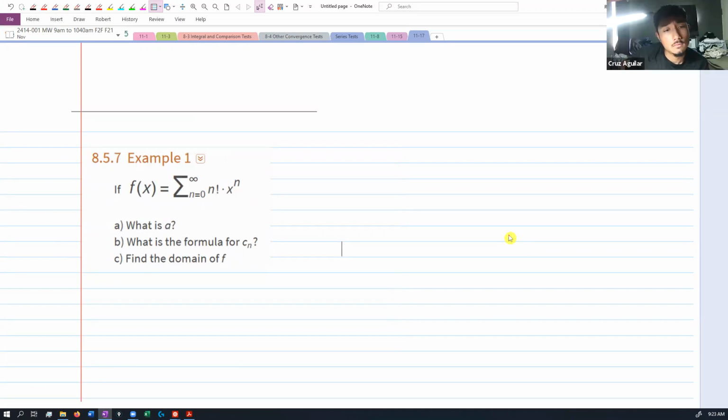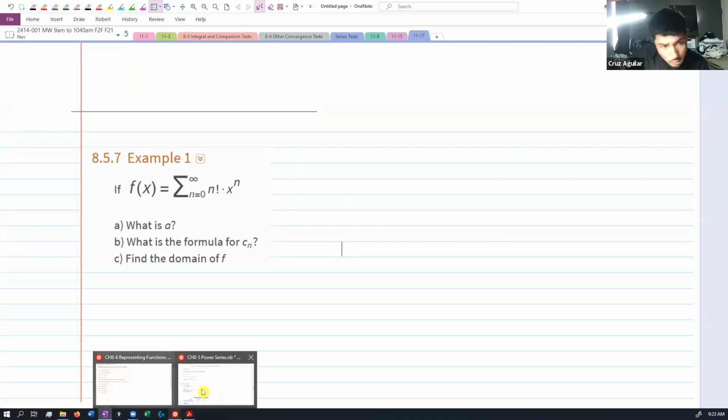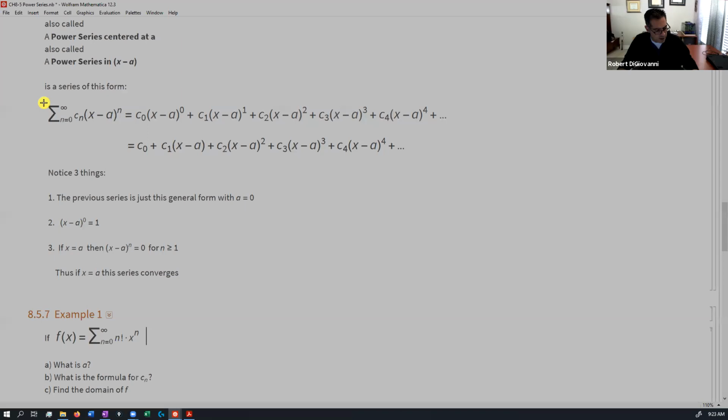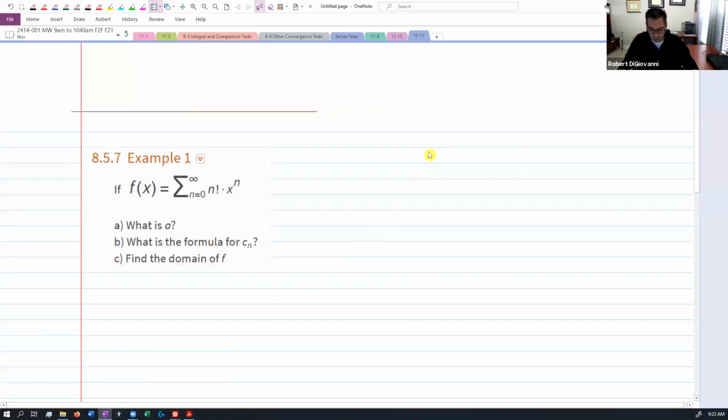n factorial? I'm sorry, is it n factorial? No, no. So the general formula here looks like this. That's what a general power series centered at a looks like.